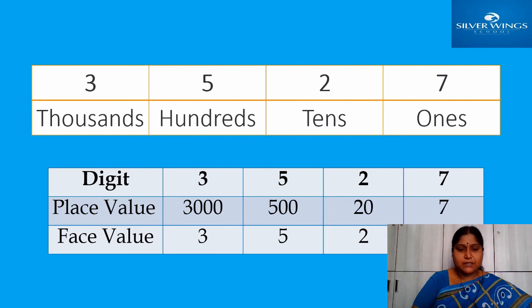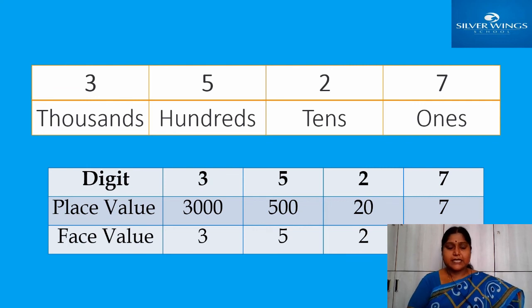Face values. Once again, place value of a digit depends upon its place in the number, and face value of a digit is the digit itself. Okay, the digit itself is called face value. The same number will come.